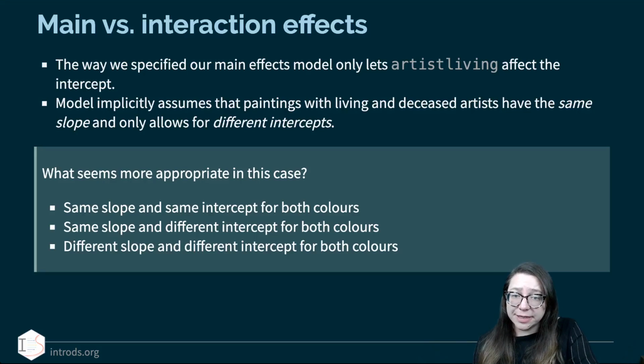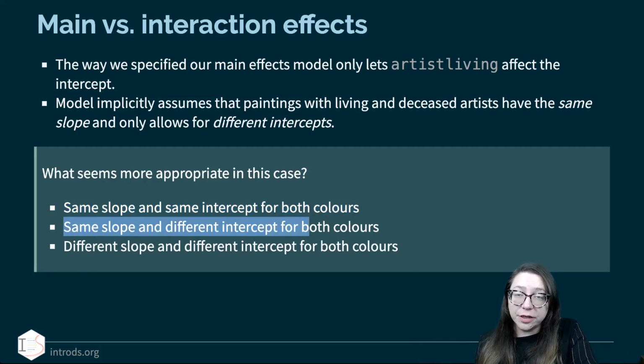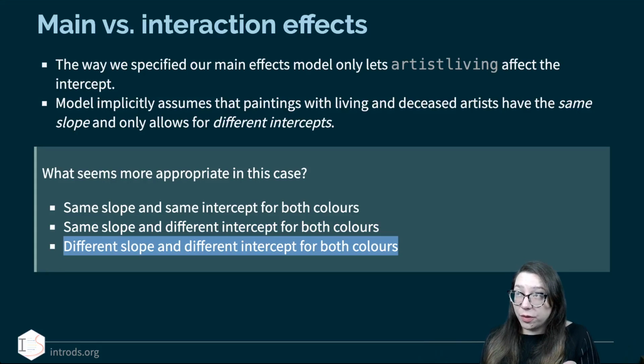The first option basically means don't consider artist living at all. We could just give up on coloring the points and thinking about these as different groups, and we would just take a look at the relationship between surface and price. The second option, same slope but different intercept, says we would be looking at a main effects model, but we would not allow the slopes to vary with varying artist living status.